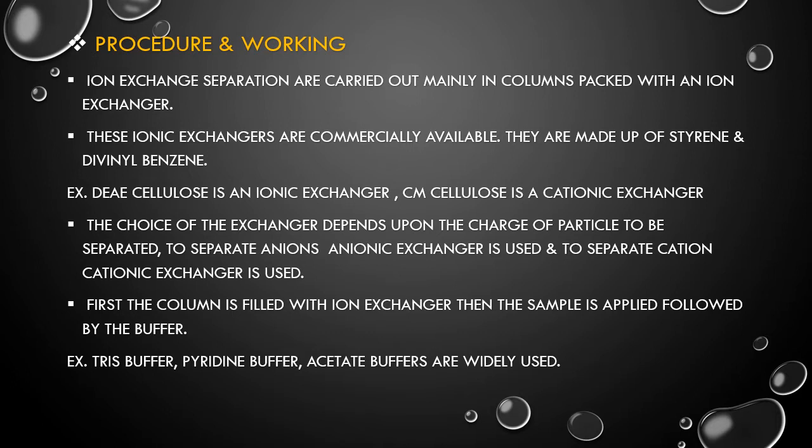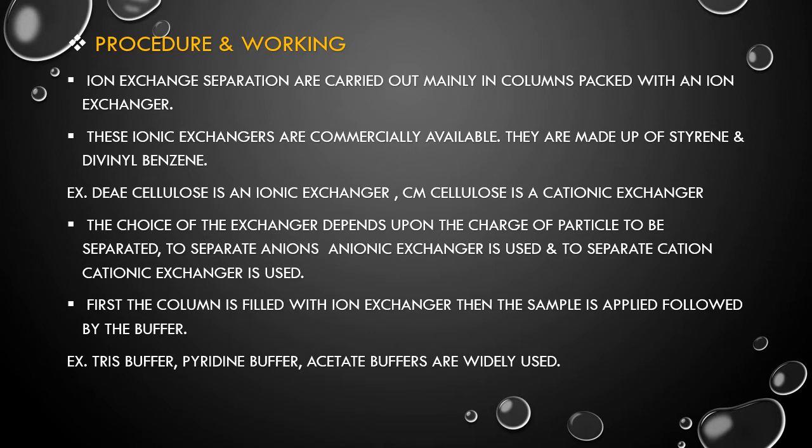For example, for relatively small biomolecules like amino acids and nucleotides, the polystyrene based resins have a relatively high capacity, so they are often considered the most effective. For larger biomolecules such as peptides, proteins and nucleic acids, cellulose and dextran are used, and acrylic based resins are also used.